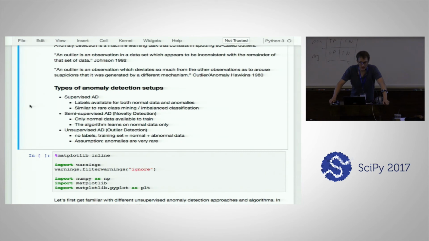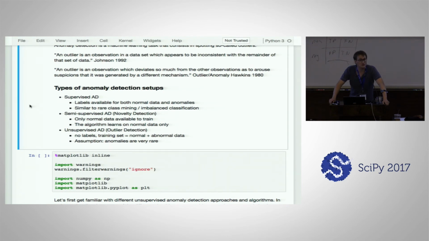It's typically a case where you have labels on both normal data and anomalous data, and you want to find a way to say, this new data point is an anomaly. What it really means when people think about supervised AD is binary classification with one class which is very, very rare. Everything you've heard today about binary classification, you could apply in this setup. It's just one setup where one of the classes does not appear very often.